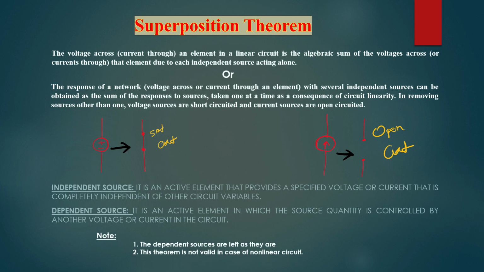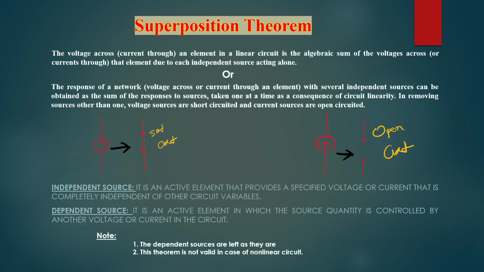For the superposition theorem, we have to keep in mind that dependent sources we have to leave as they are. We don't need to remove dependent sources from the circuit.